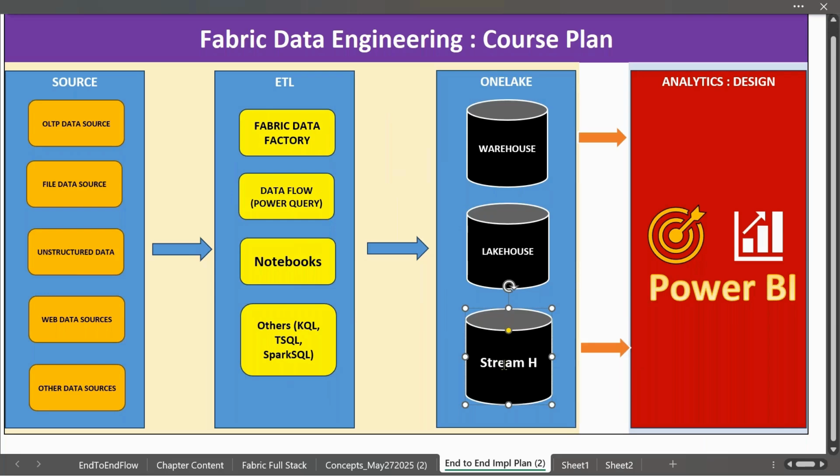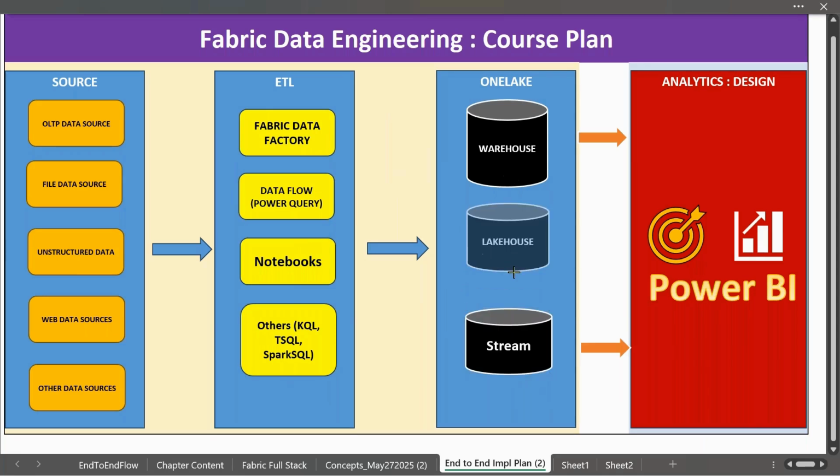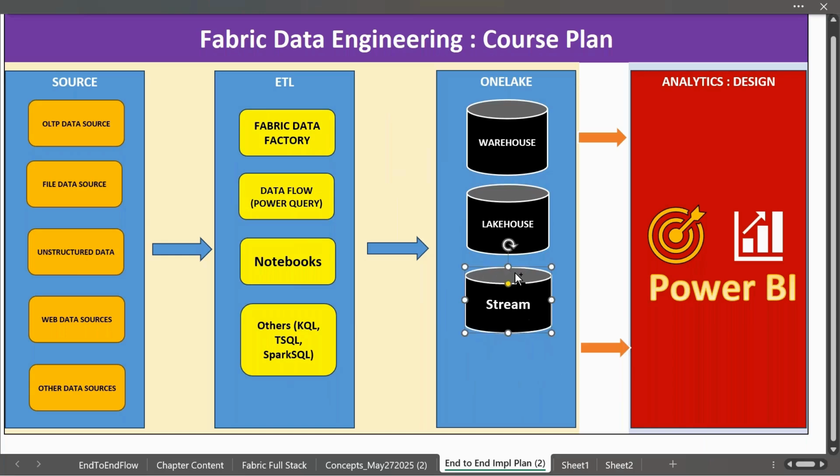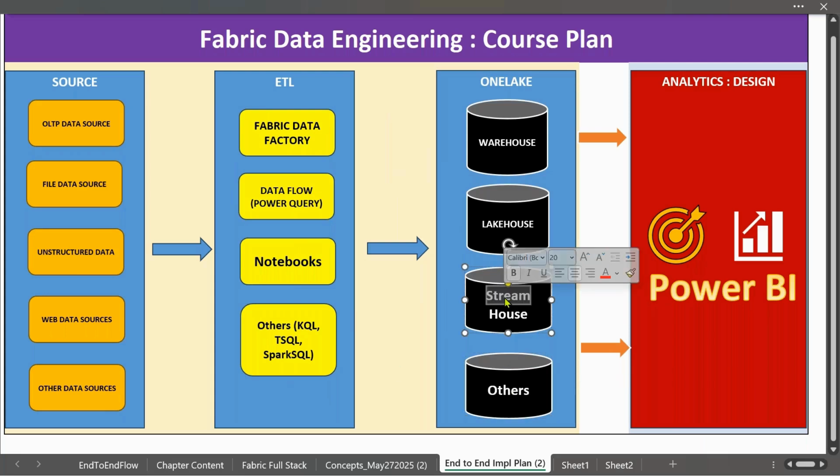I'll call it as Stream House to store live IoT data. And we are going to learn something called mirroring activities or DB mirror databases very soon, mainly for storing replicated data. I'll simply call it others. Okay, here we go. Like this. I'll just make it clear, okay, in this way.